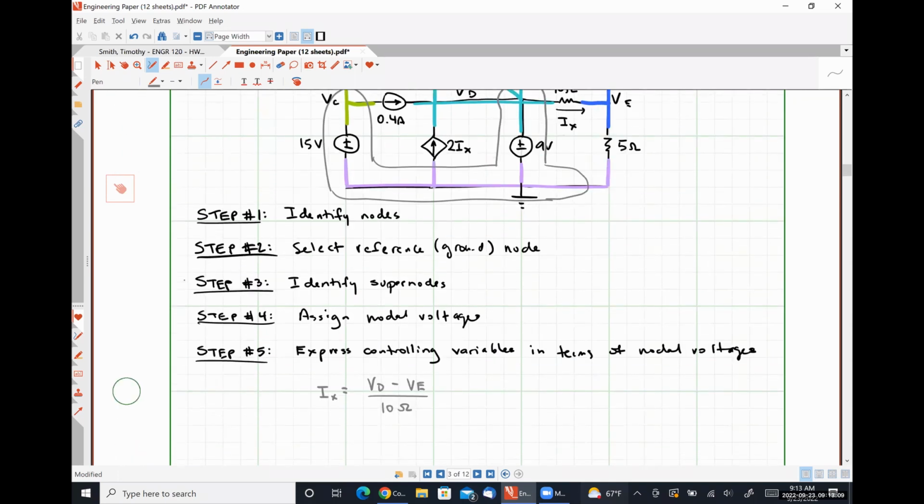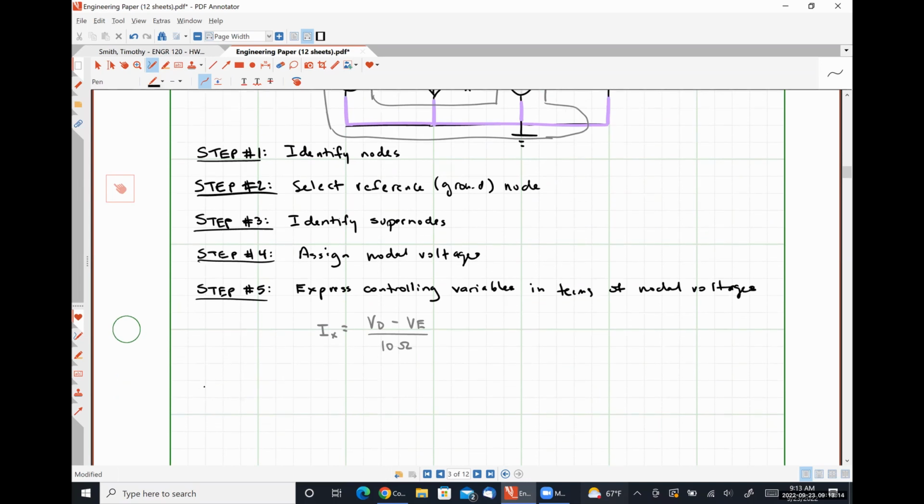All right, so we've expressed our controlling variables. Step 6 is write voltage relationship equations for all voltage sources.